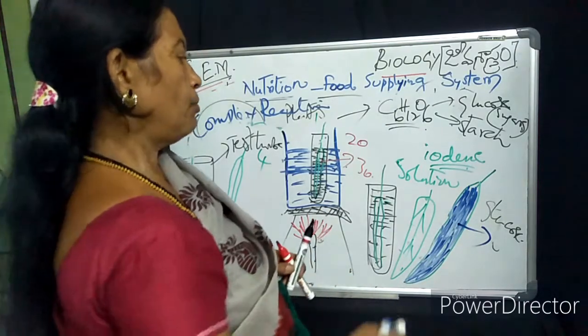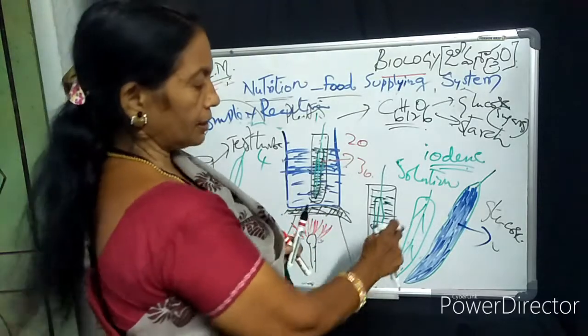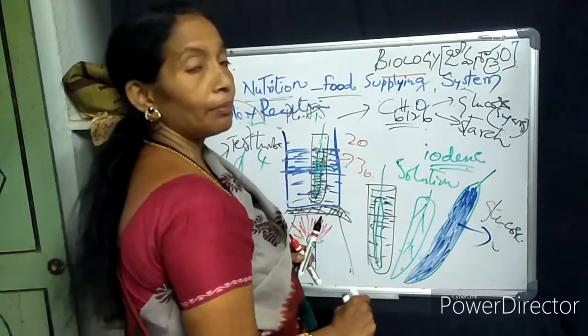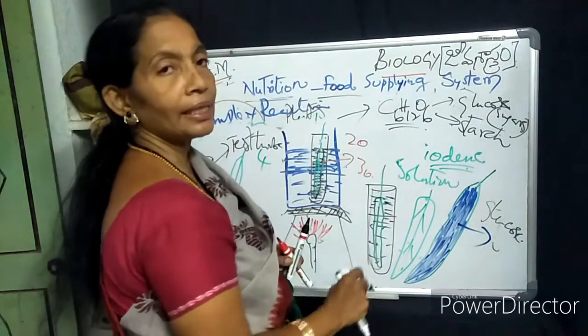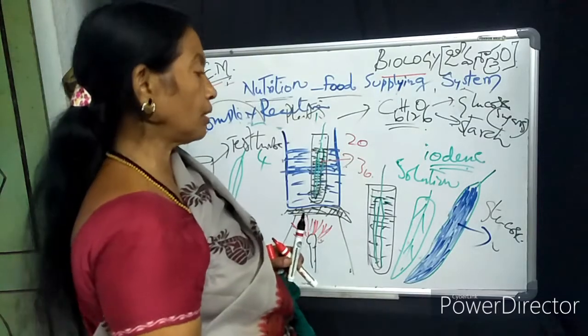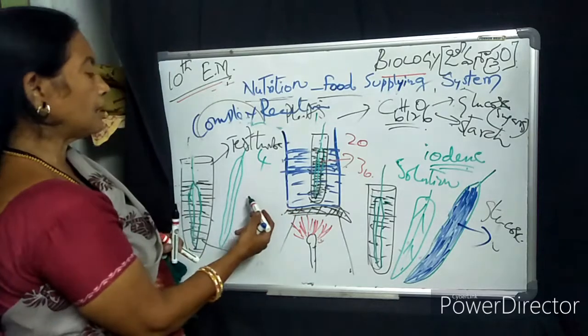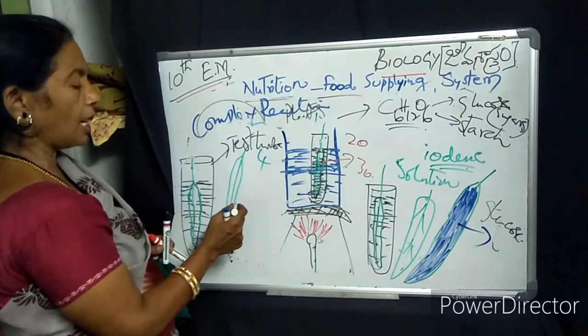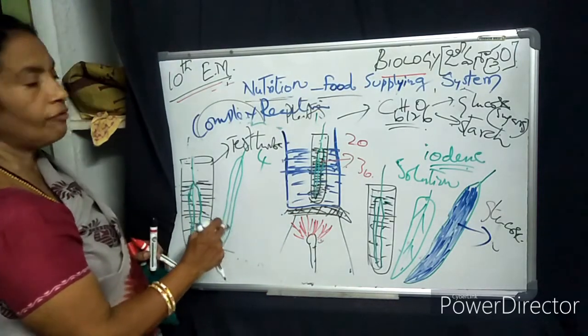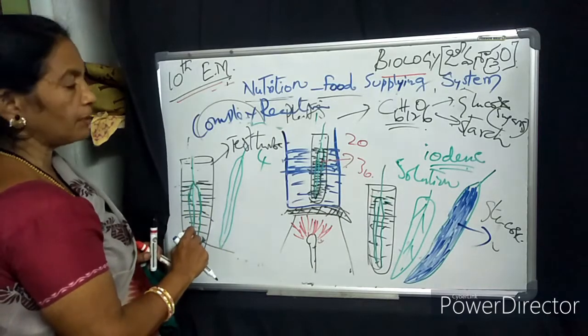That means this leaf is before getting sunlight; early in the morning we cut this leaf and put it in the dark room. And this leaf is getting sunlight for 4 or 5 hours, and we cut this leaf and put it in methylated spirit.